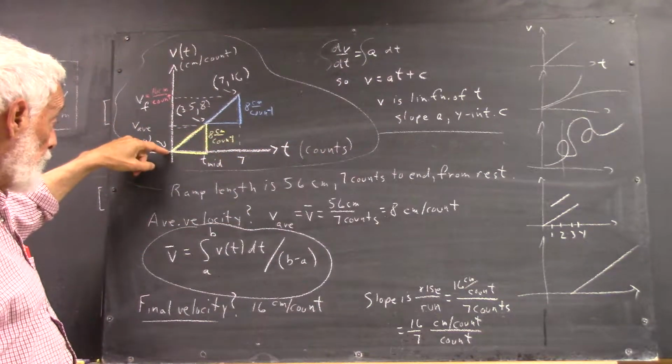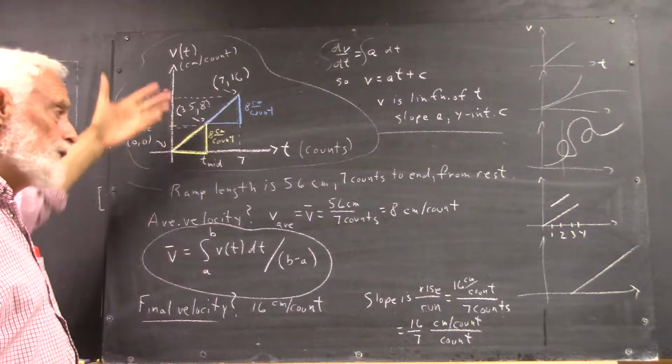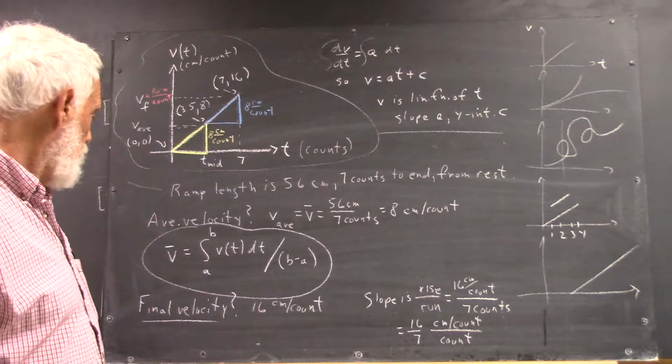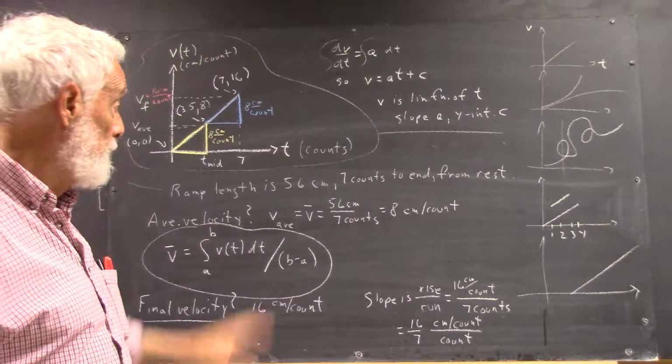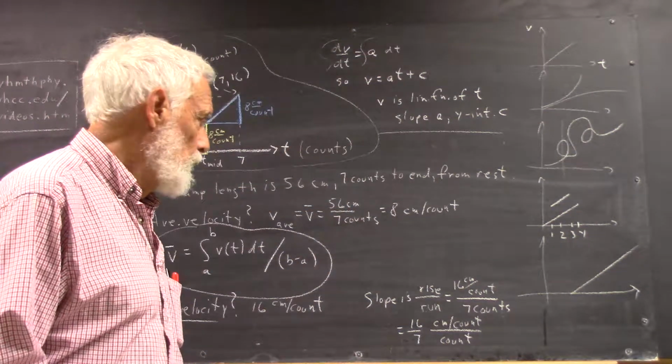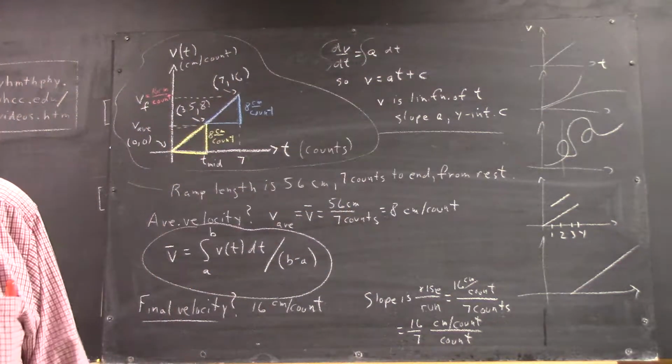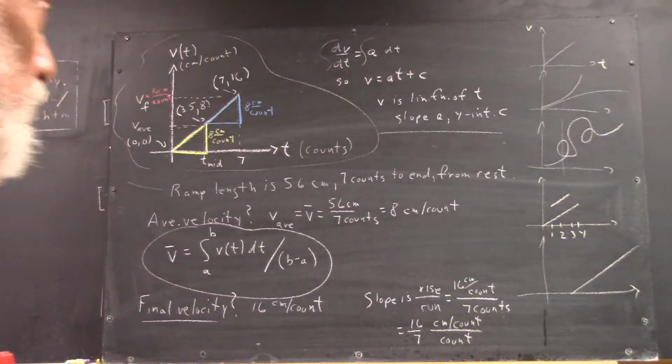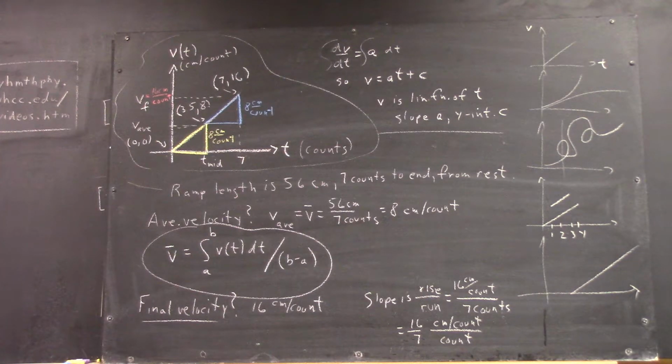I shouldn't actually call it the y-intercept, which is 0. So you'd immediately have a velocity as a function of time. But we talk more about that in subsequent classes or later in this class. So we'll pick that up when the time comes.